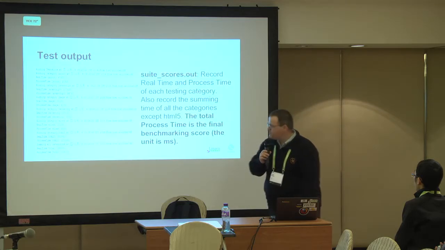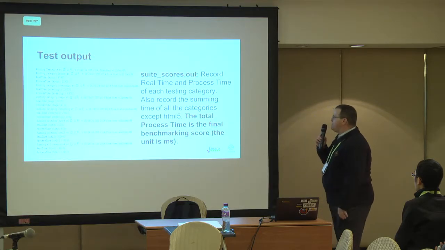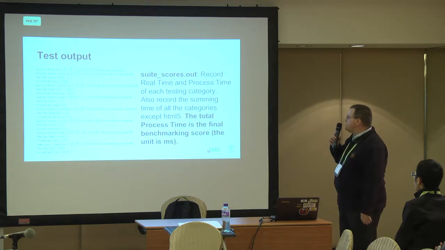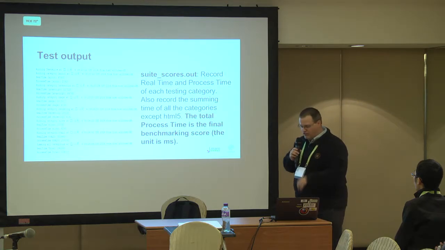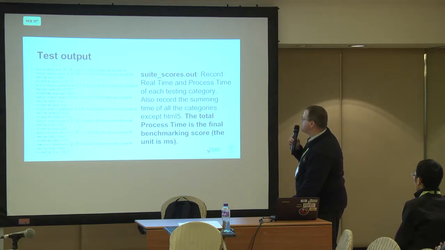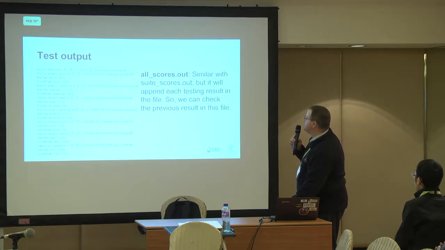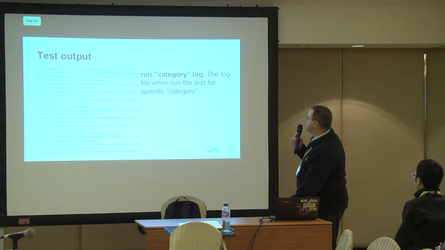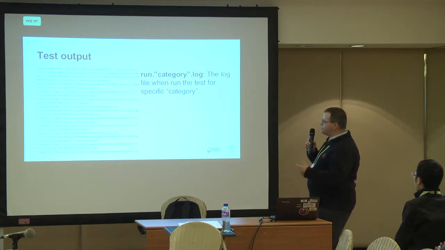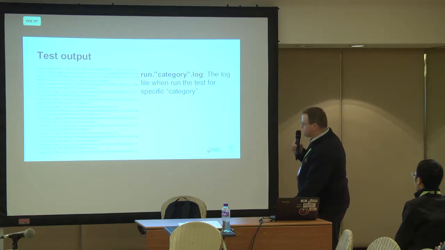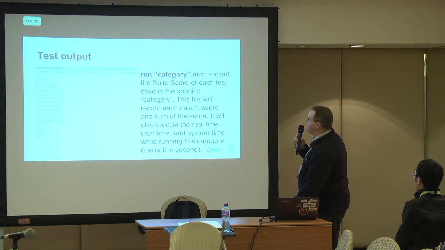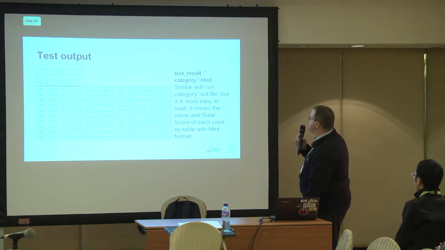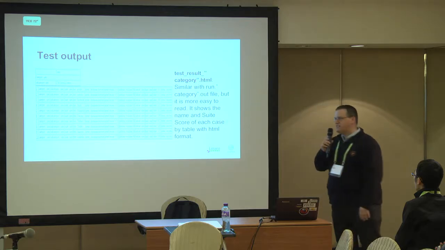Now, to look at the output files, we got a bunch of different output files. A bunch of them are text-based, such as this sweetscores.out, allscores.out is also text-based, and then there are category files, which are text-based. And then there are also HTML files.